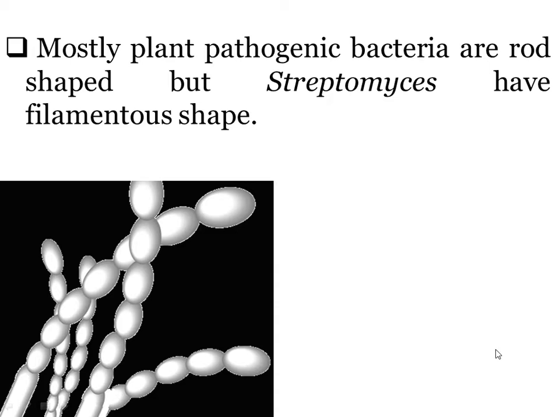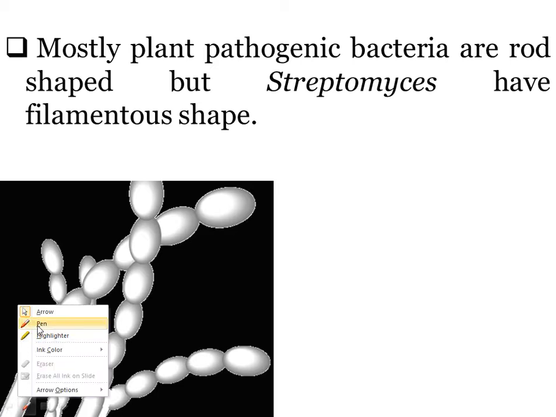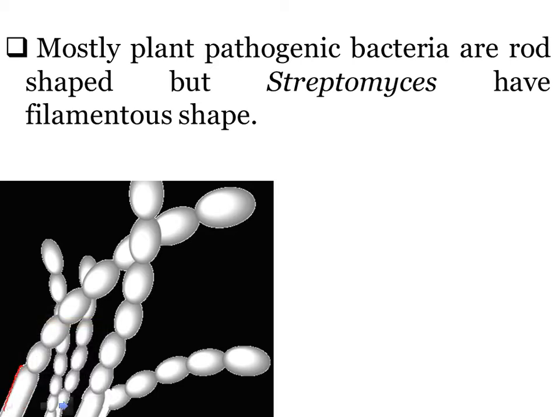Filamentous thallus and conidia formation are characteristic features of fungi, but Streptomyces is a special type of bacteria that also produces conidia and has a filamentous shape. You can see here, this is the filamentous shape, right? It is filamentous and produces conidia in chains.